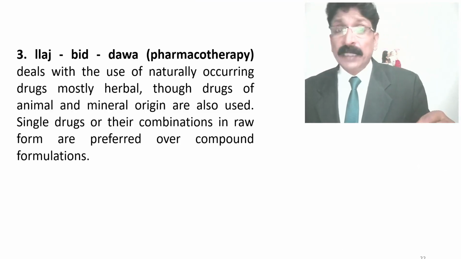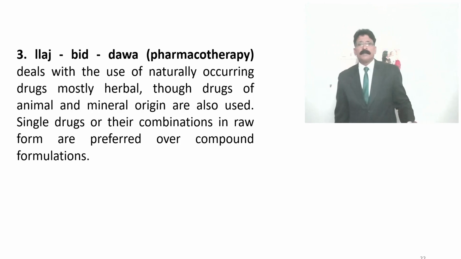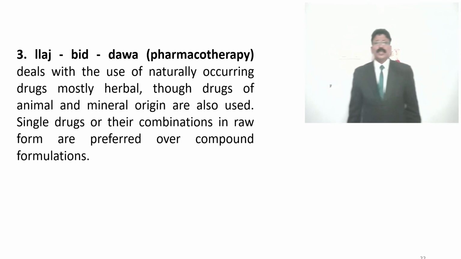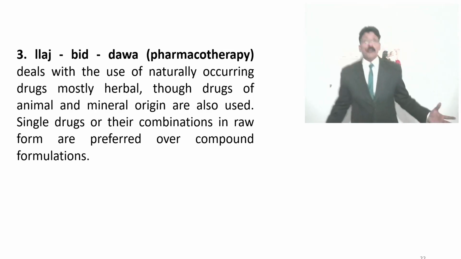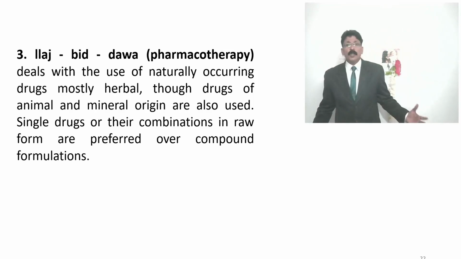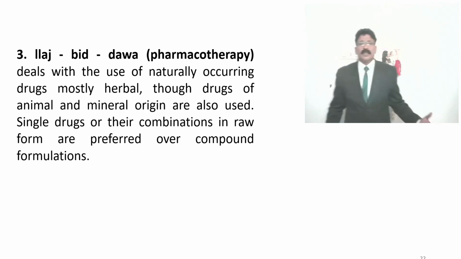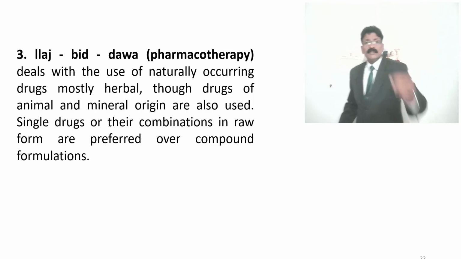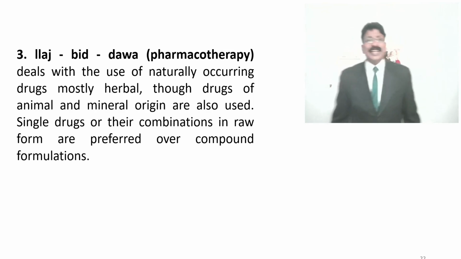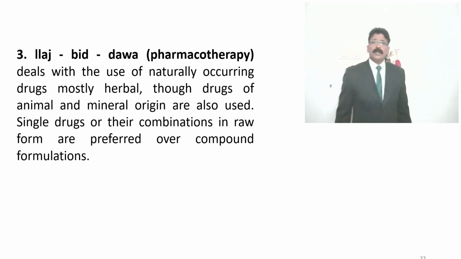Number 3, Ilaj bid Dawa, pharmacotherapy, deals with the use of naturally occurring drugs, mostly herbal, though drugs of animal and mineral origin are also used, and single drugs or their combination in raw form are preferred over compound formulations.